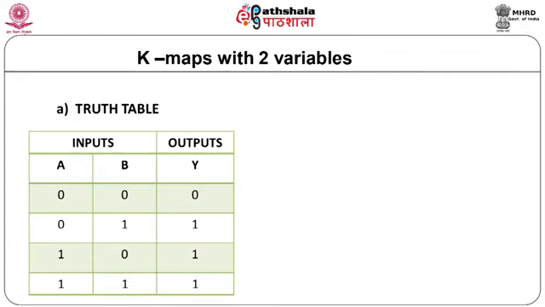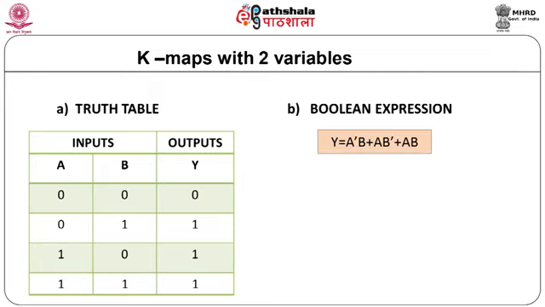We begin with writing the Boolean expression for the given truth table. From the truth table, we can write the Boolean expression for the output where the minterms are present. So, for example, for this given truth table, we can write a Boolean expression as y is equal to a bar b or a b bar or a b.